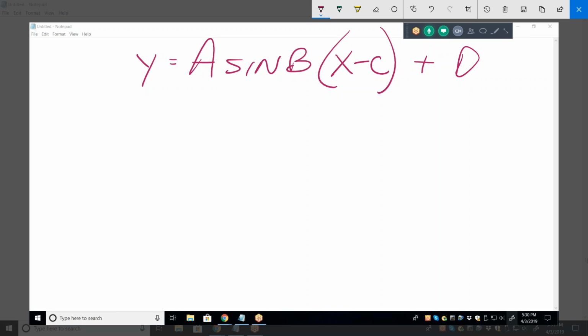Okay, so the first problem is y equals -2 secant 1/2 x. That it? Yep. Okay. So let's start with the sinusoid function. What is A? -2.